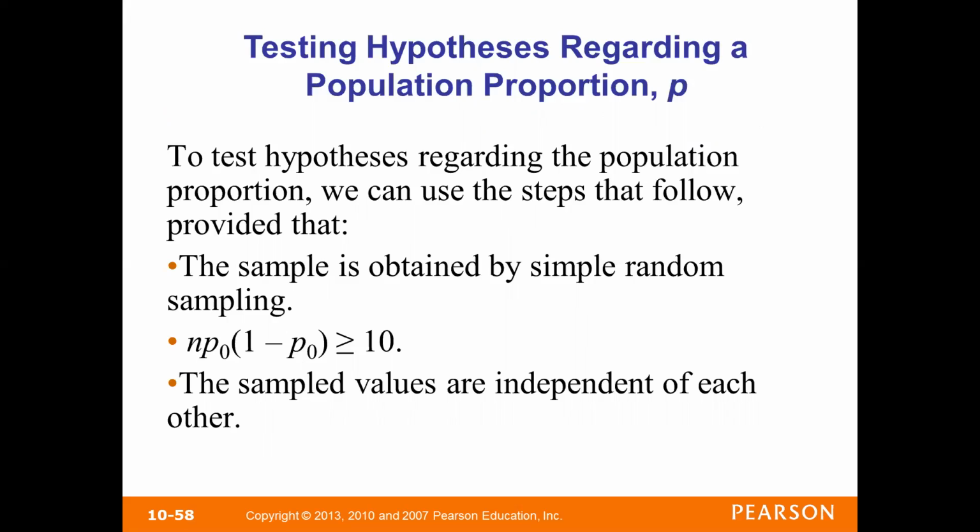Because we're assuming the null hypothesis is true, we're going to use the proportion that we're assuming has the characteristic as p naught. So p naught will represent the value of the null proportion. How many do we think, or what percent of the population do we think has the characteristic?